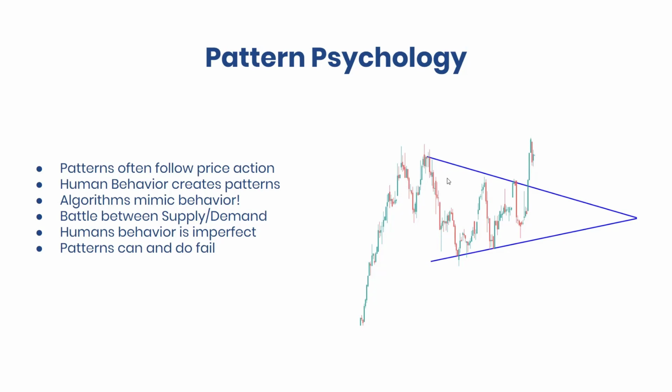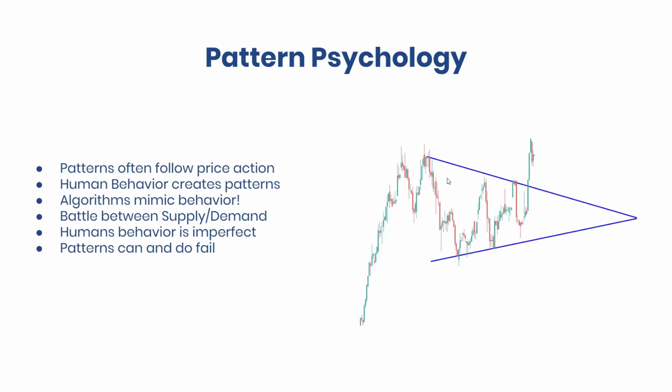But we need to recognize that it's human behavior that's driving these patterns. The psychology of the trader, as they watch and wait for further opportunities to arise, is how these patterns develop. Now, algorithms, which do a lot of trading for different firms or hedge funds, mirror these concepts.